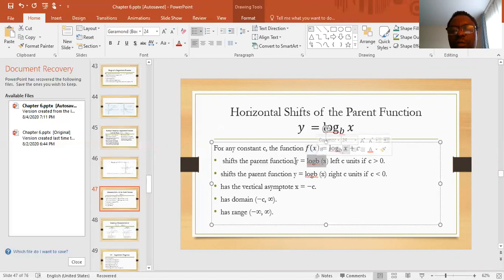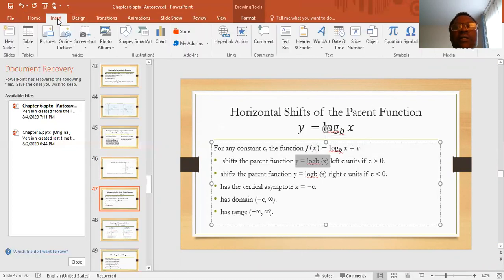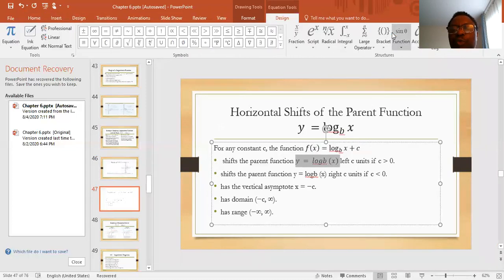For any constant c, the function f of x equals logarithm in base b of x plus c shifts the parent function y equals logarithm in base b of x left by c units.